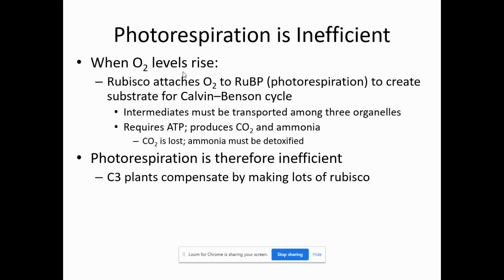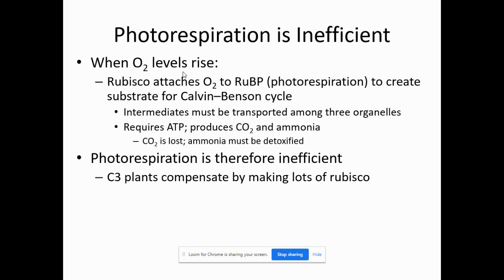So we said photorespiration is inefficient because when oxygen levels rise inside the plant because it can't leave through the closed stomata, Rubisco will attach oxygen to RuBP. That has to be dealt with by the plant, and it's a lot more inefficient.